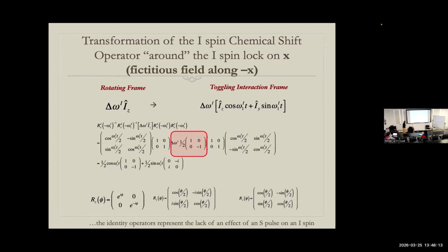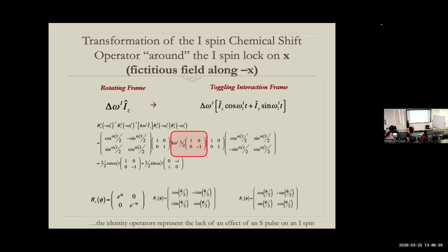It's the I rotation around the RF, so it's this piece here. Here's the original Iz Hamiltonian, and if you had a little offset in the rotating frame.